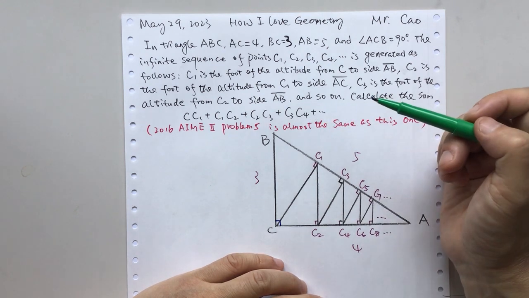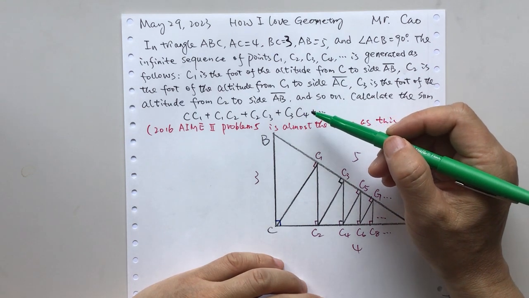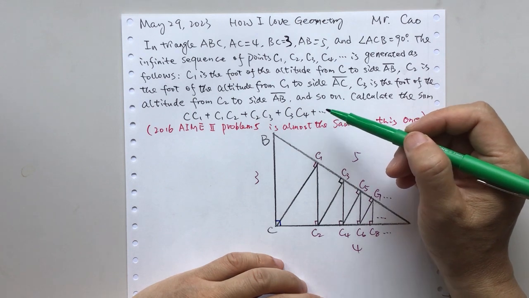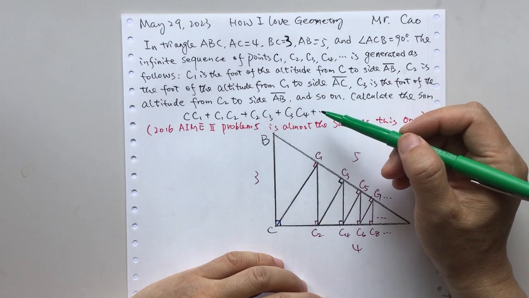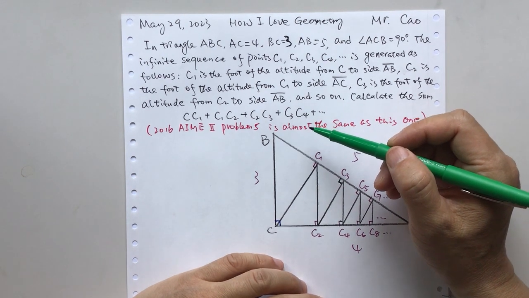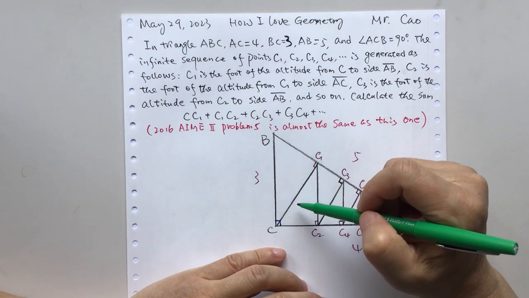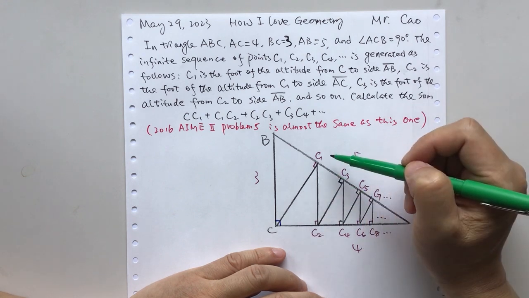Otherwise, the sum of this infinite sequence will not converge. It will go to positive infinity. So the most important thing now is to find the general term formula, right? We can find the recursive formula.